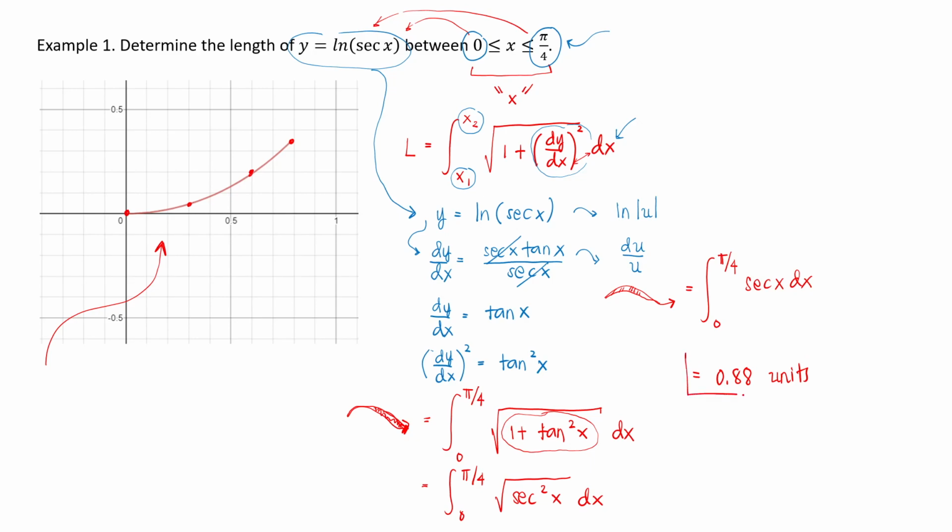Yes, you should make your calculator in radians mode because the limit is in pi over 4, which is in pi. So don't forget that your calculator should be in radian mode, because of this limit.